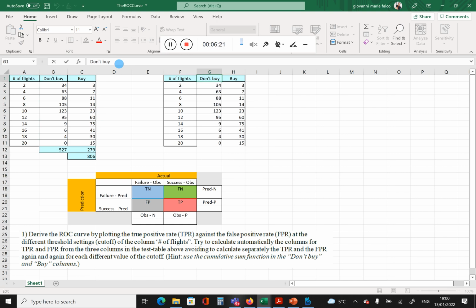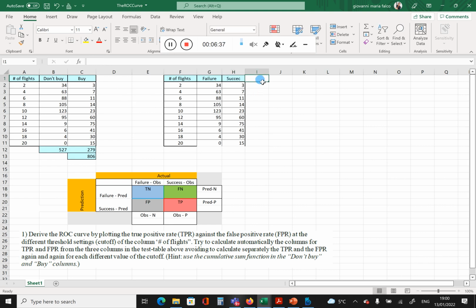So I call this failure, and for buy, success, because this is the correspondence.